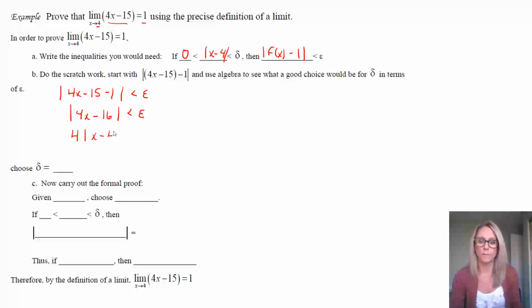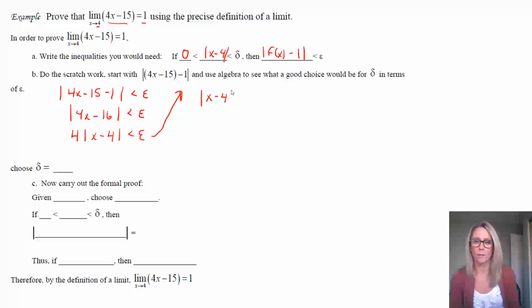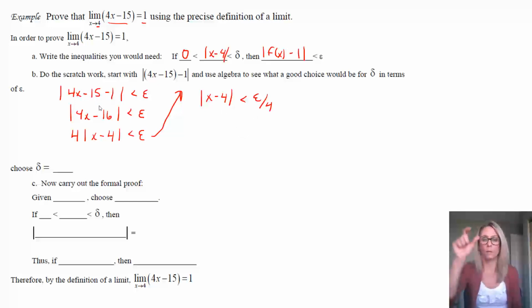Notice a lot of the same stuff is happening here. Hopefully you see it, that when we divide by 4, we're going to have this. And this is where we're trying to get to. We're trying to use what we have, the difference in the y direction, to teach us something about the x direction, which then will give us our delta.